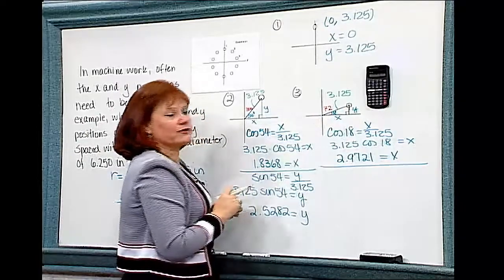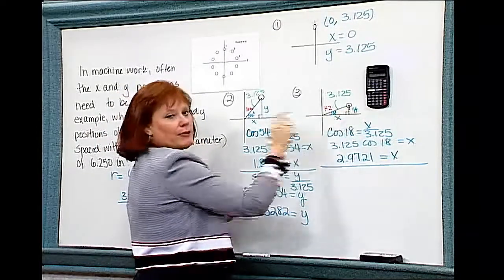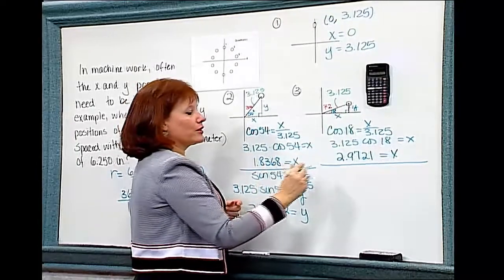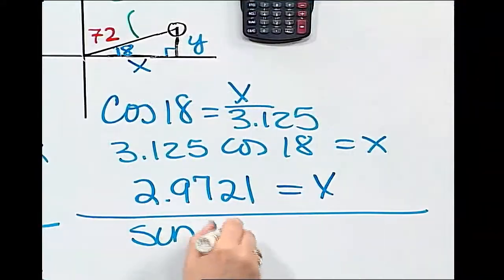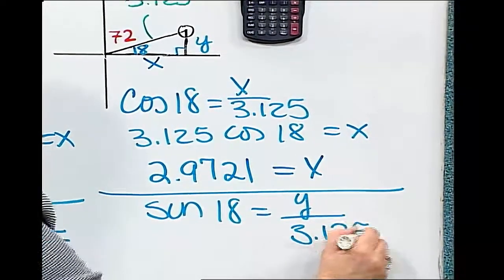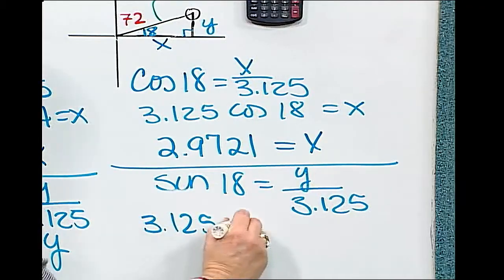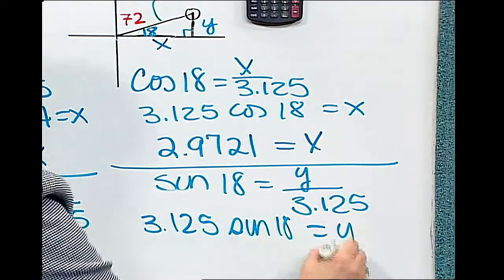The y-coordinate is the vertical distance from the axis. So I know that I've got the y opposite the 18-degree angle, and I'm going to use sine. I'll say the sine of 18 is equal to y over 3.125. When I cross multiply, I'll have 3.125 times the sine of 18 is equal to y.